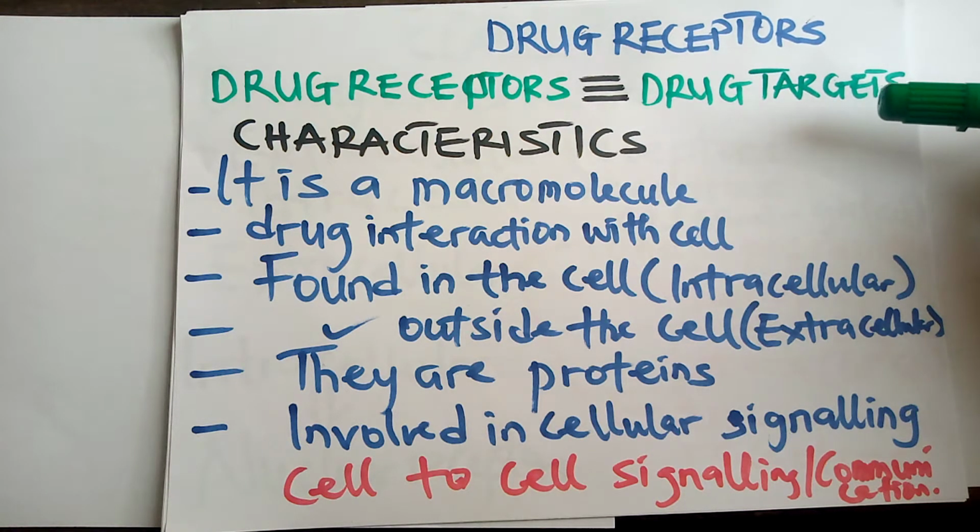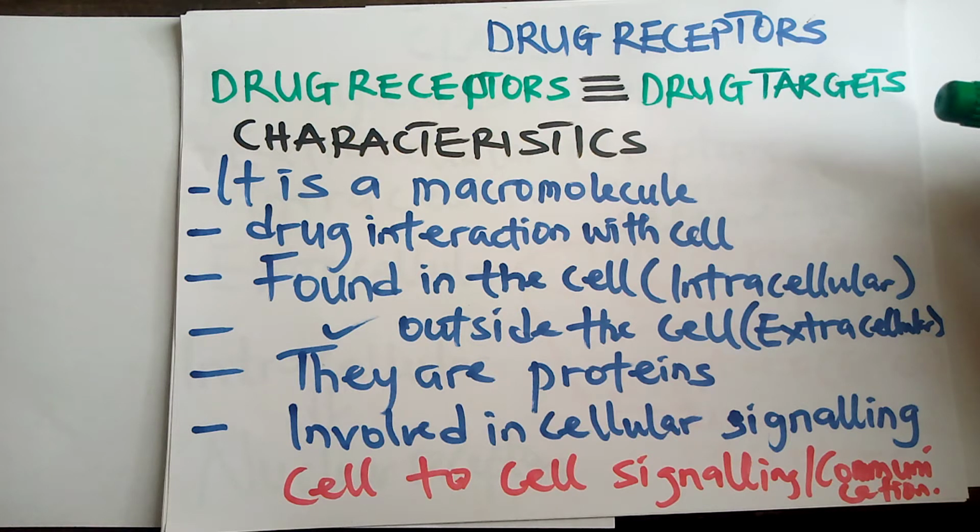So, what is a drug receptor? A drug receptor is a macromolecule found on the surface or inside of a cell which helps in signal transduction of the cell.